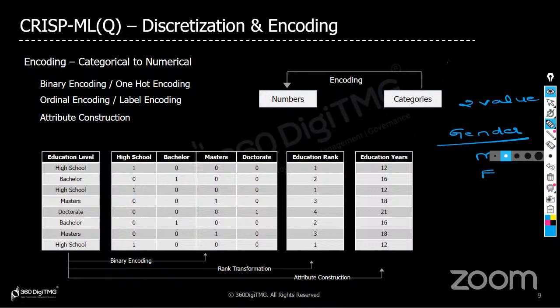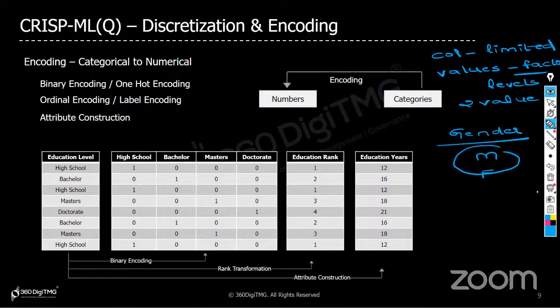So whenever a column has a possibility of limited values, then that column is called a factor. And whatever values are present, those are called levels. So there are 2 levels here. One is male and one is female.